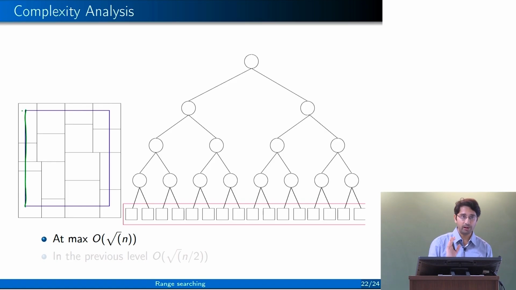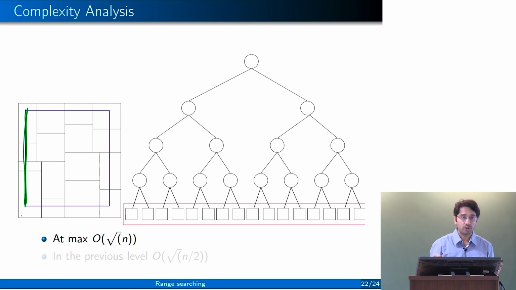I will count for only one line and multiply that count with 4, because we are in the computer science domain and we do not care about constants.